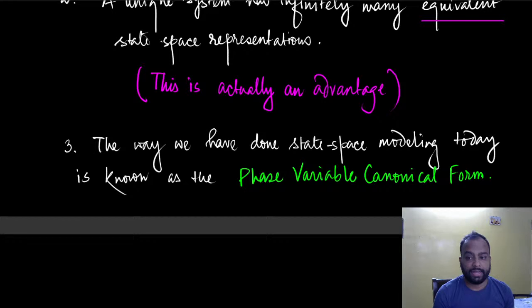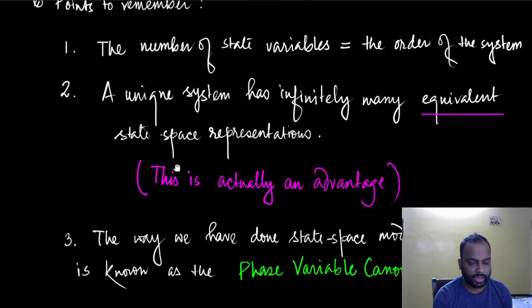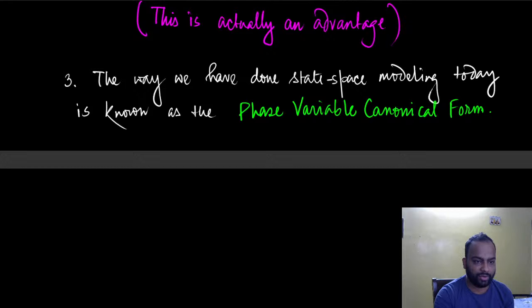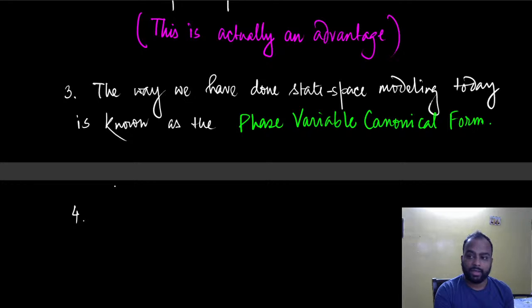So there are many other different forms, and even the phase variable canonical form that we are using can be dealt with in different ways. And the last and most important point to note, point number four, is that a system that can be modeled using transfer functions can also be modeled in state space, but it is not necessarily the other way around, right?